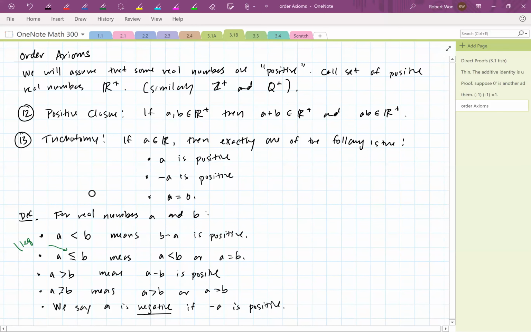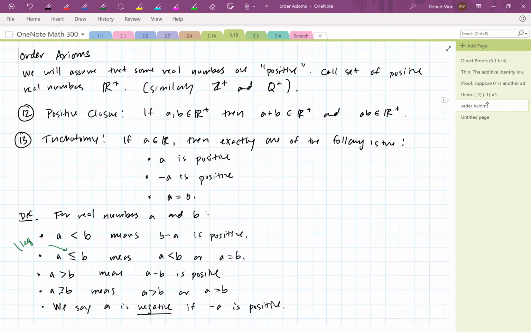Okay, and while we're here talking about positive things, I want to introduce one more axiom, but this axiom is actually not for the real numbers. This axiom is for sets of positive integers. It's good that I have this on another slide because now I'm not assuming this for the real numbers. This is called the well-ordering property.